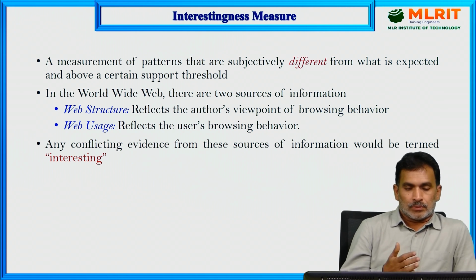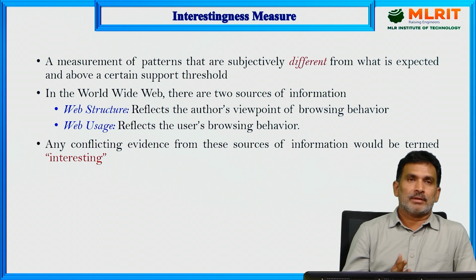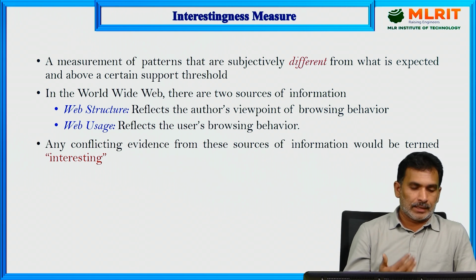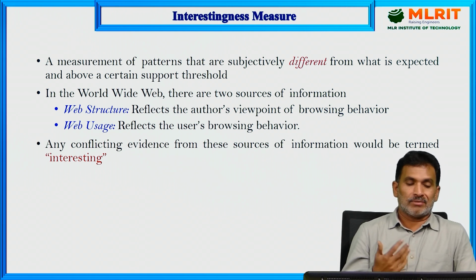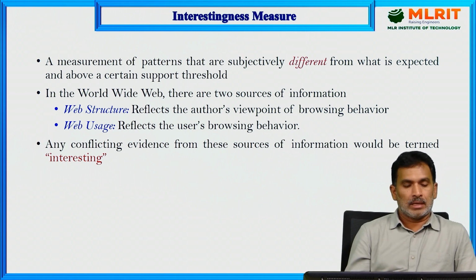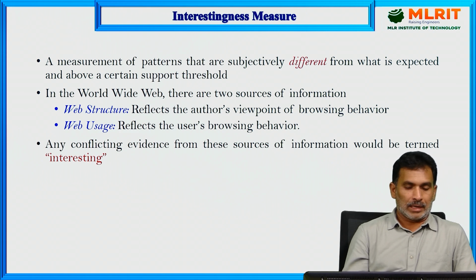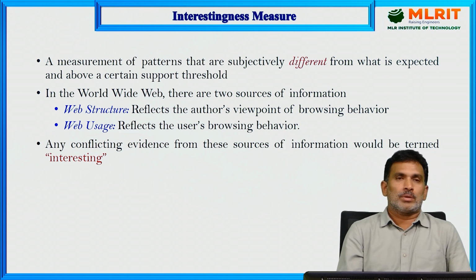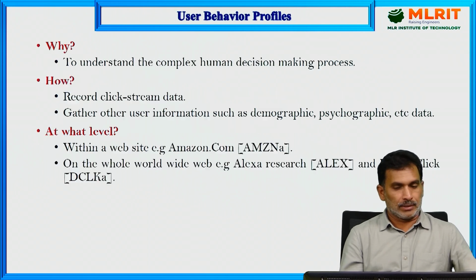In the World Wide Web, there are two sources of information: web structure and web usage. Web structure reflects the author's viewpoint of browsing behavior, whereas web usage reflects the user's browsing behavior. So any conflicting evidence from these sources of information would be termed interesting.